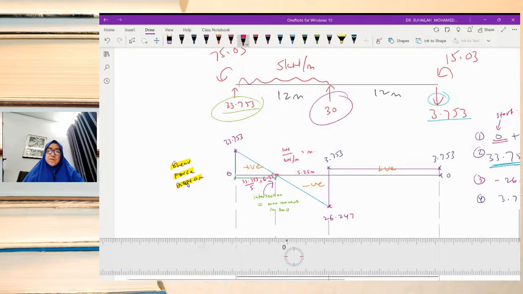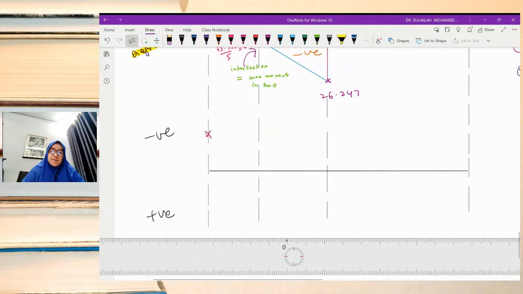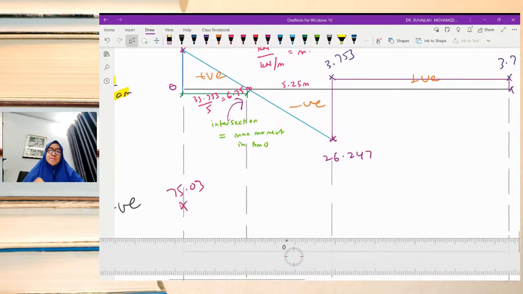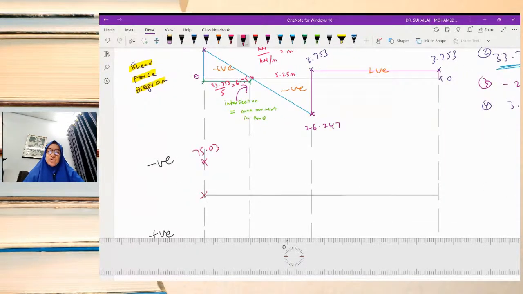It is 75.03. We have to plus with the area of the triangular. Okay, always start at 0.